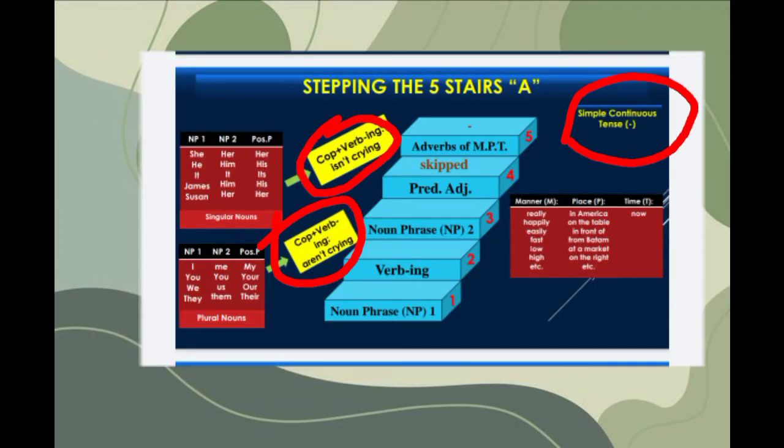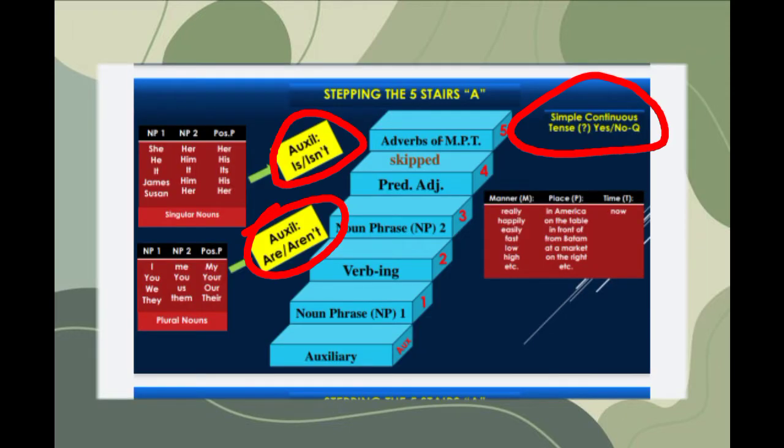Next, simple continuous tense negative: if we use a singular noun, isn't, and if we use a plural noun, aren't. Next, simple continuous tense interrogative, yes or no: if we use a singular noun, the auxiliary is, and if we use a plural noun, the auxiliary are.